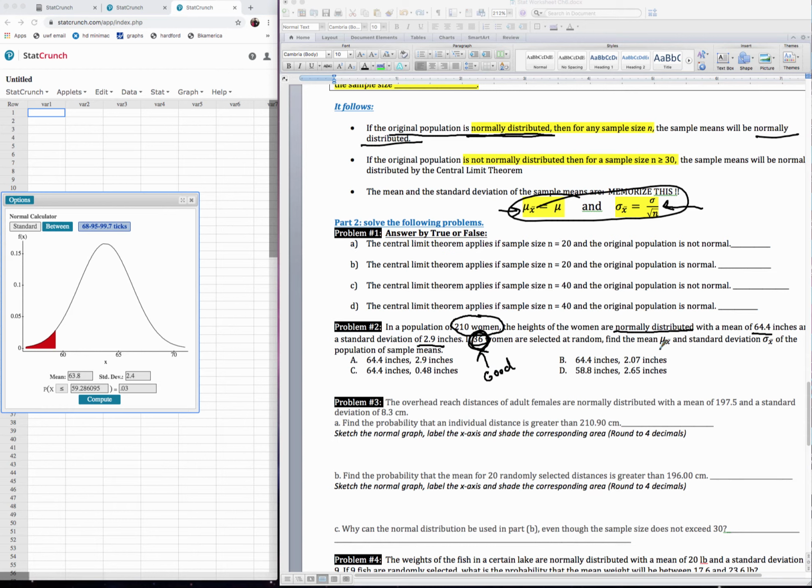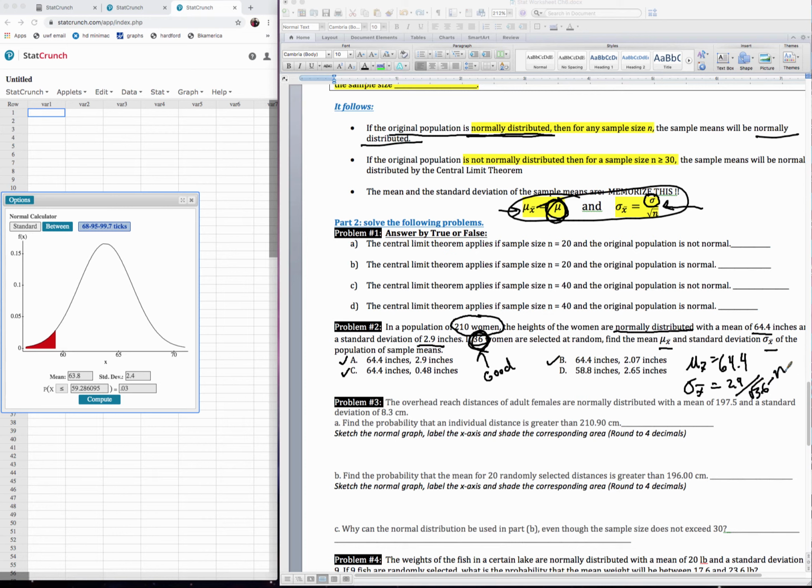Now it says find the mean and the standard deviation. So the mean of the x bar is whatever the mean is, see? So what was the mean they gave us? 64.4. Okay, so it's either going to be A, C, or B. The standard deviation is going to be the original standard deviation, which was 2.9, divided by the square root of 36.